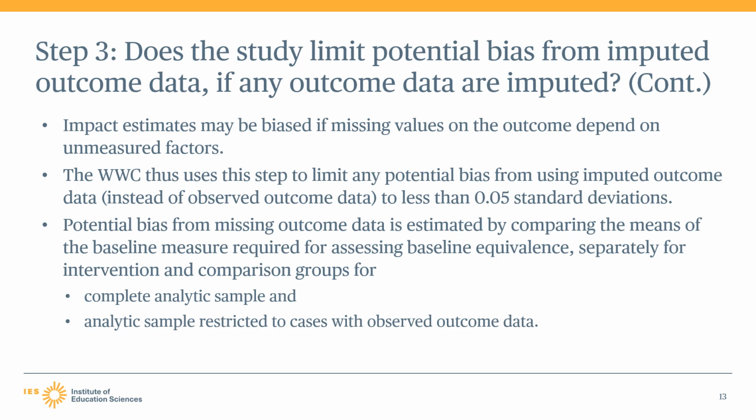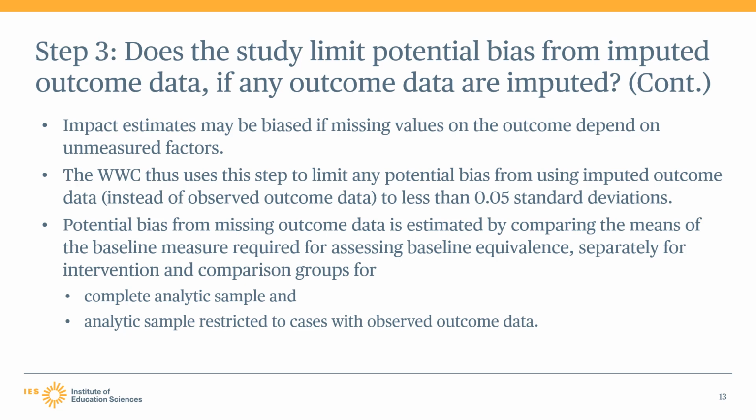Comparing the differences in these means for the intervention and comparison groups, if known, would indicate the magnitude of possible bias. However, because the missing outcomes are not observed, the WWC instead assesses the degree of bias using baseline data.